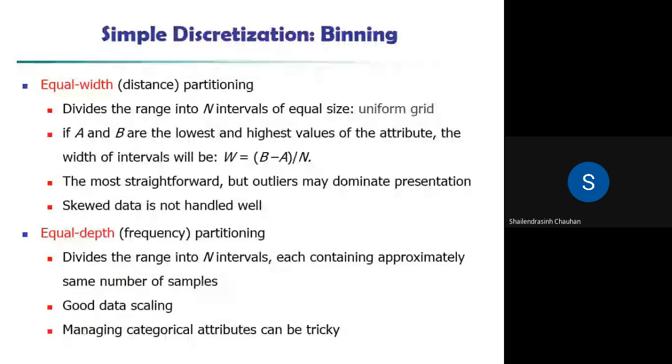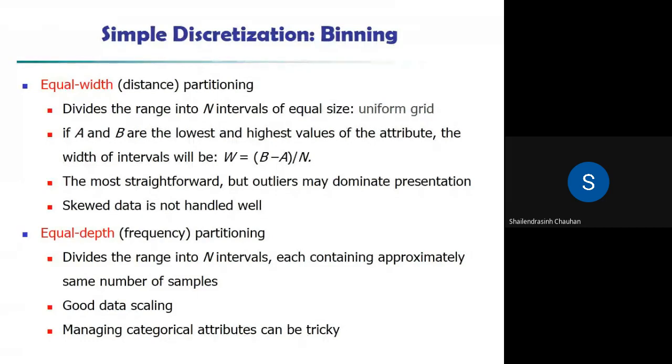And how can we find out the width of any particular data? For that, one formula is given to us: width equals (b minus a) divided by n, where b is the maximum value in that data, a is the minimum value in the data, and n is the number of intervals.